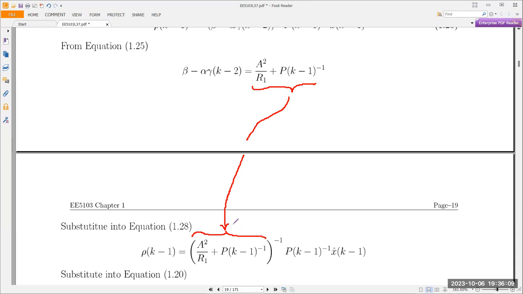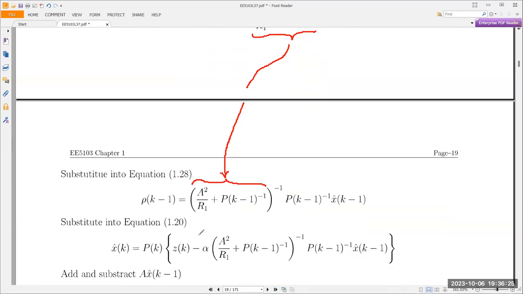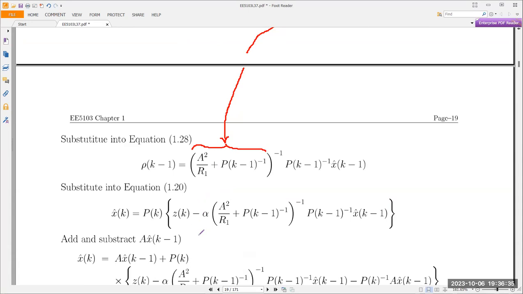Okay, which means in 28 there must be this term there. Then this term is now replaced by this one, that's why it appears here. All right, just go and see. Then take this, they say substitute into equation 20. So substitute into equation 20, then you get this.